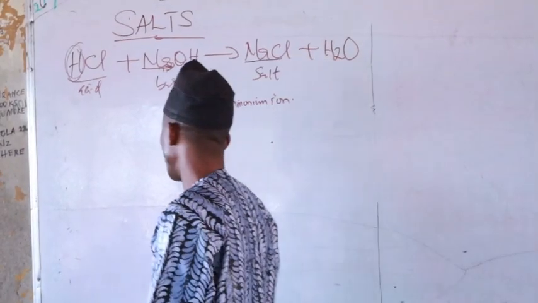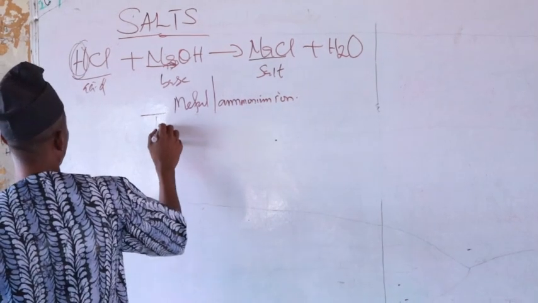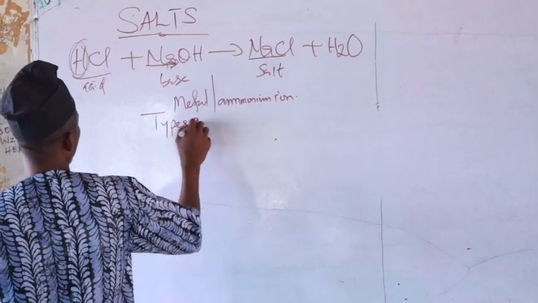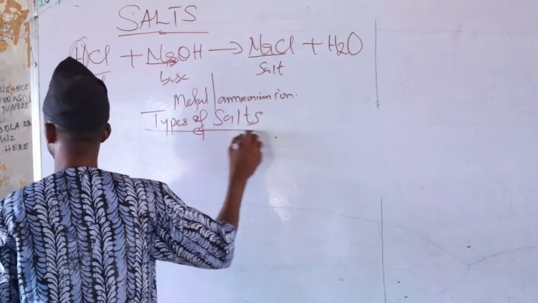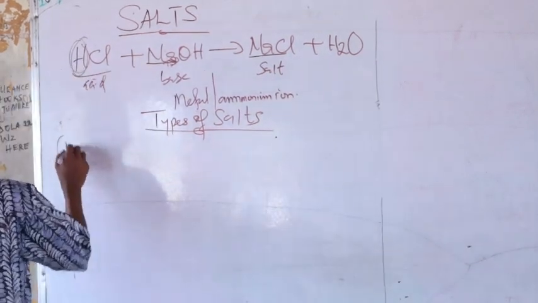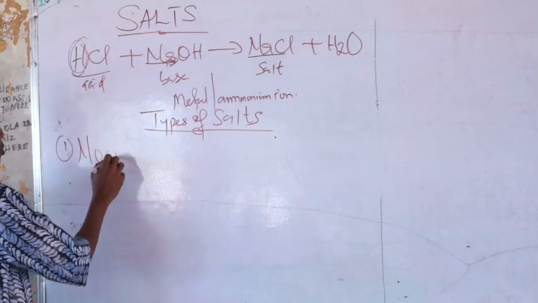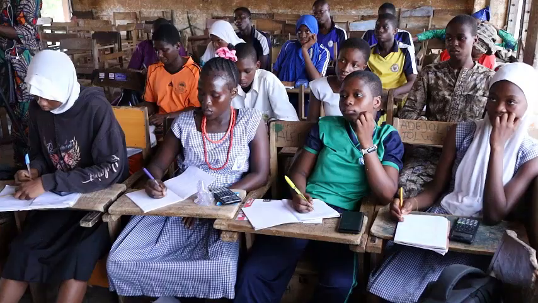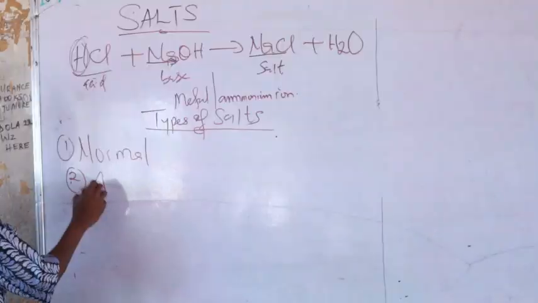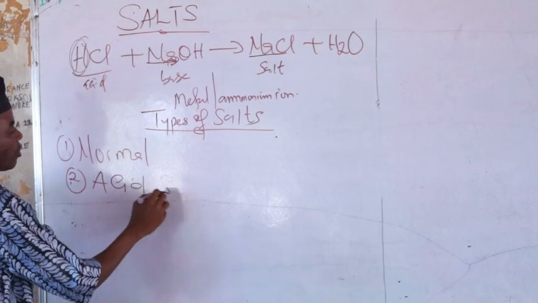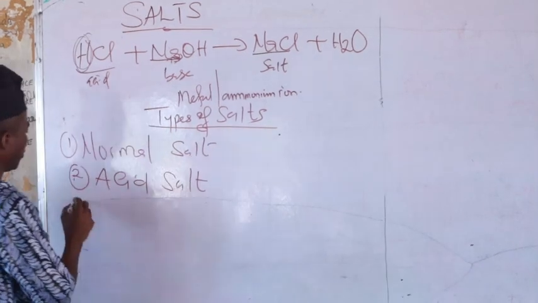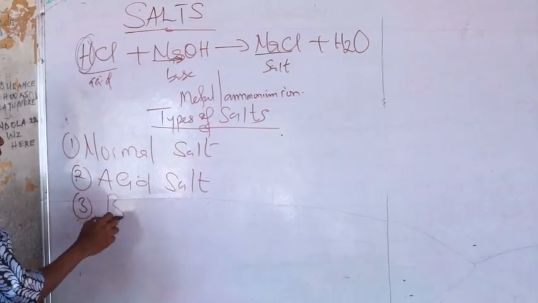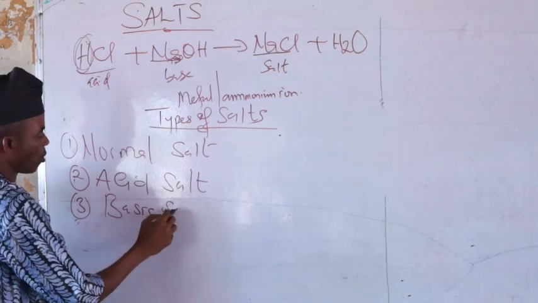Now let us look at types of salt. One, we have normal salt. Two, we have acid salts. Three, we have basic salt.